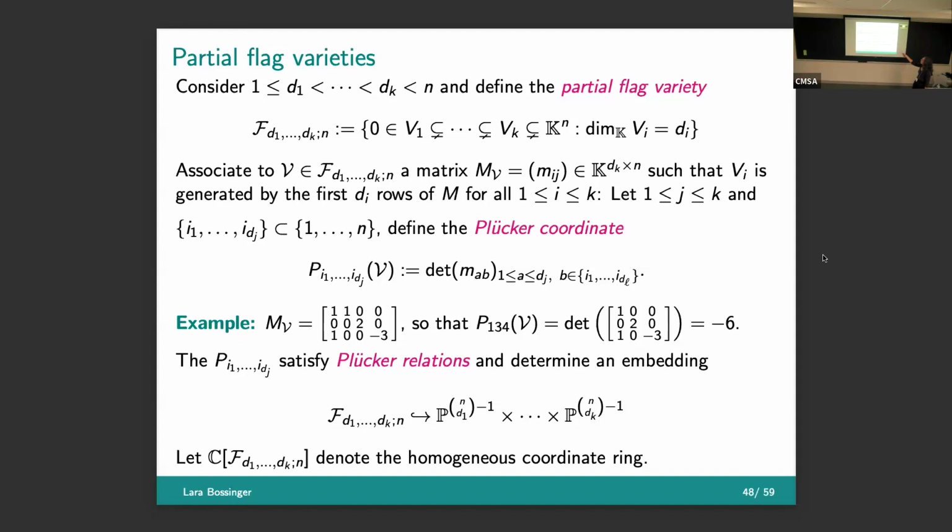But the minors I'm interested in will always focus on this submatrix. I will never have any indices appearing that are larger than dk. Sorry, that's not the reason. The reason is that I always choose the row set from 1 to dk, and the column set is what varies over my Plucker.